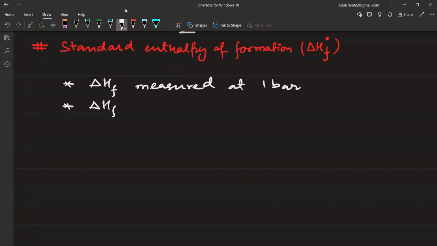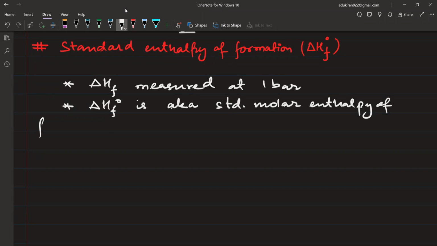Delta HF naught is also known as standard molar enthalpy of formation. Okay, of formation. Now please listen.